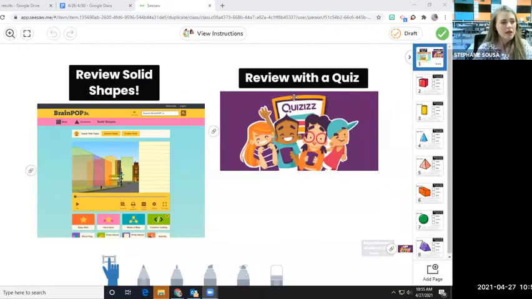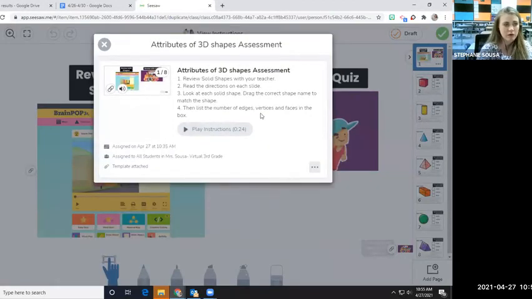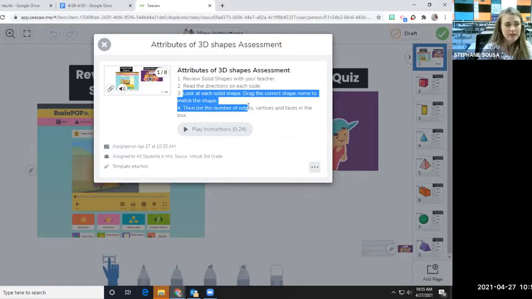There we go. Now that we've warmed up with quizzes, we're getting ready to talk about your actual test, and this is going to be for a grade, okay? Now it says number 3, look at each solid shape, drag the correct shape name to match the shape. Then list the number of edges, vertices, and faces in the box, okay?